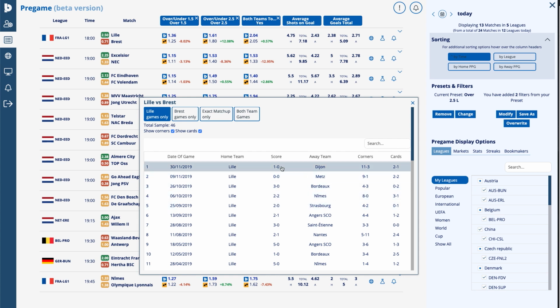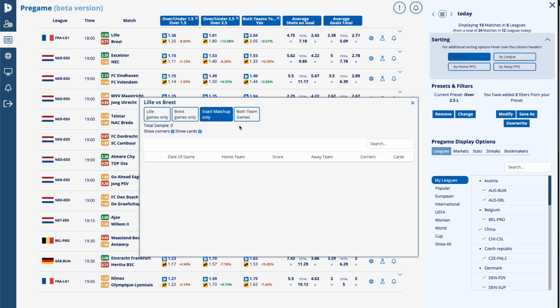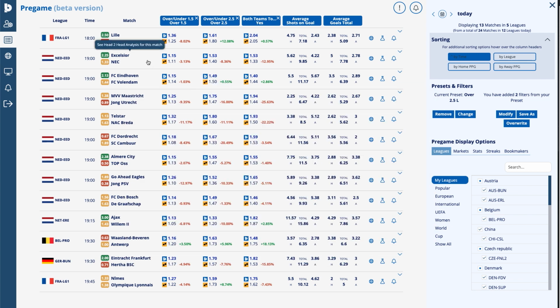Let's have a look here. Lille, we have 1, 2, 3, 4, 5, 6, 60% of the last 10 games. Let's see Brest. We don't even have 10 games in this sample, so this game I am discarding. I'm not entering this bet. So let's now analyze the rest of them.